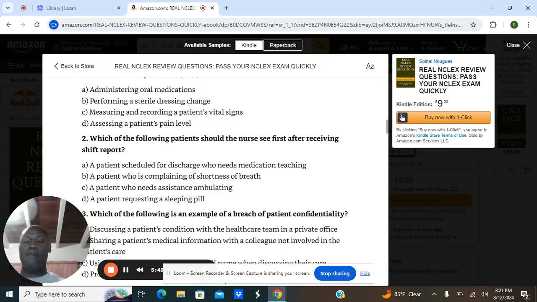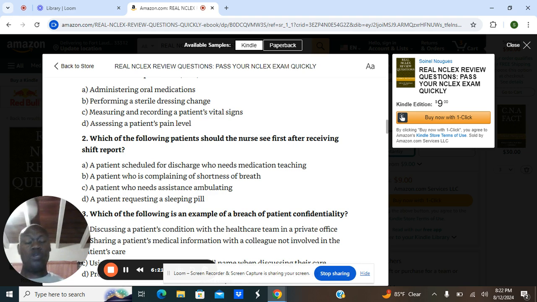A, a patient scheduled for discharge who needs medication teaching. This is not too important. It's not dangerous. B, a patient who is complaining of shortness of breath. You see this one? This is dangerous. If you do not assess and care for this patient, the patient is going to die.